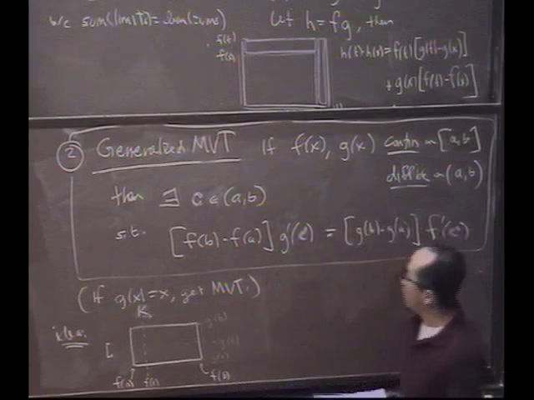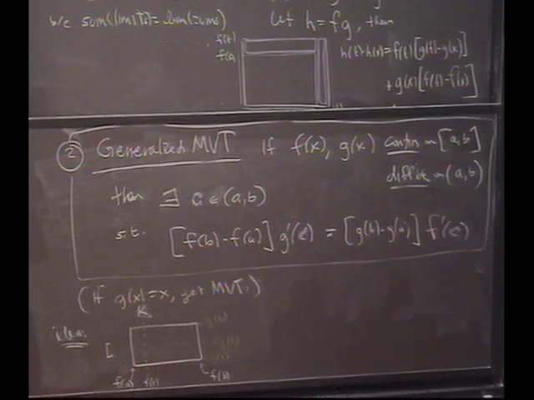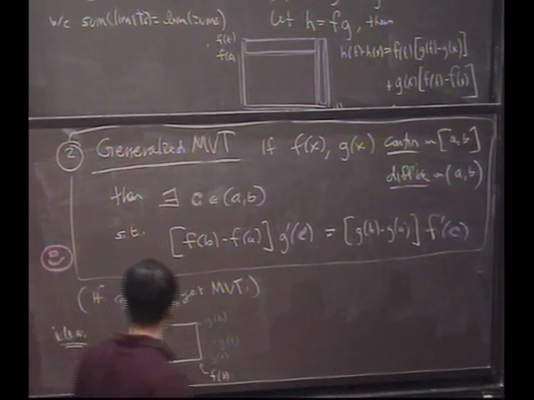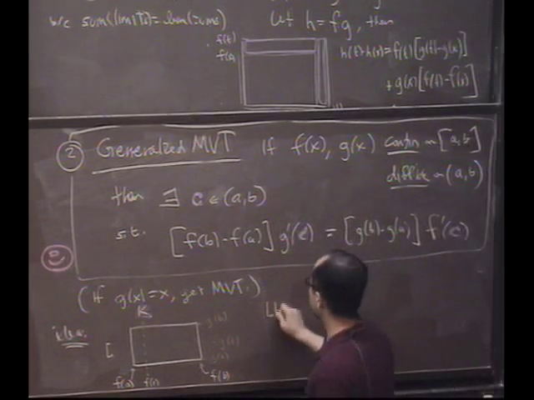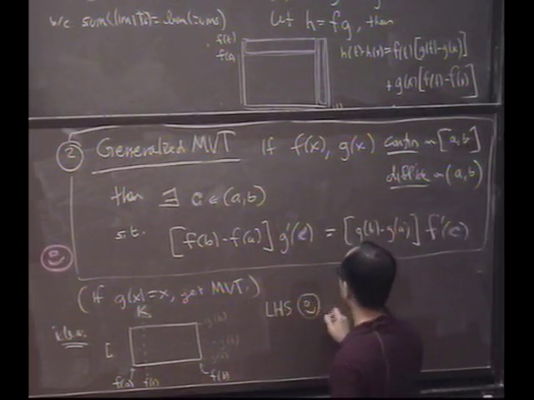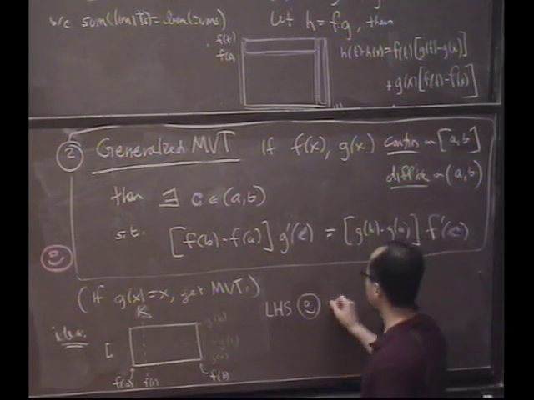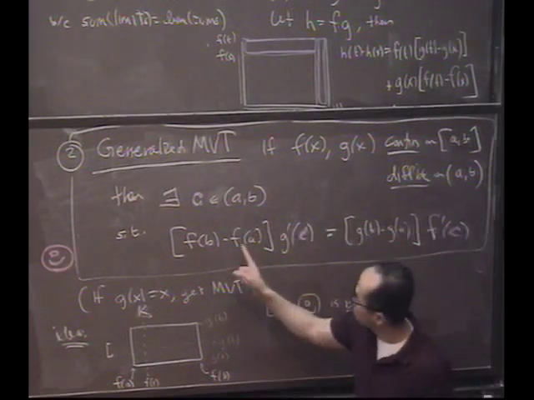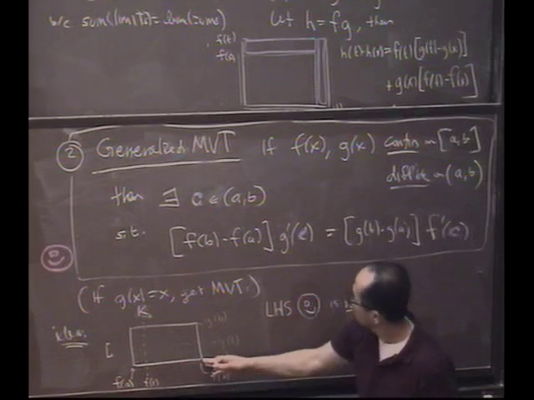Well, let's see. Let's call this expression Cyclops Smiley. I claim that the left-hand side of Cyclops Smiley represents the following. If I look at f of b minus f of a, that is this distance, yes?